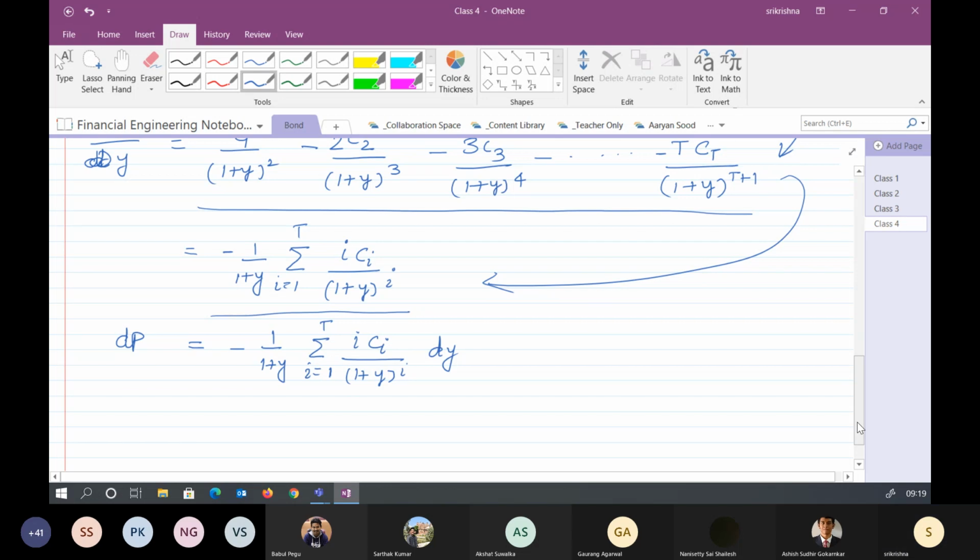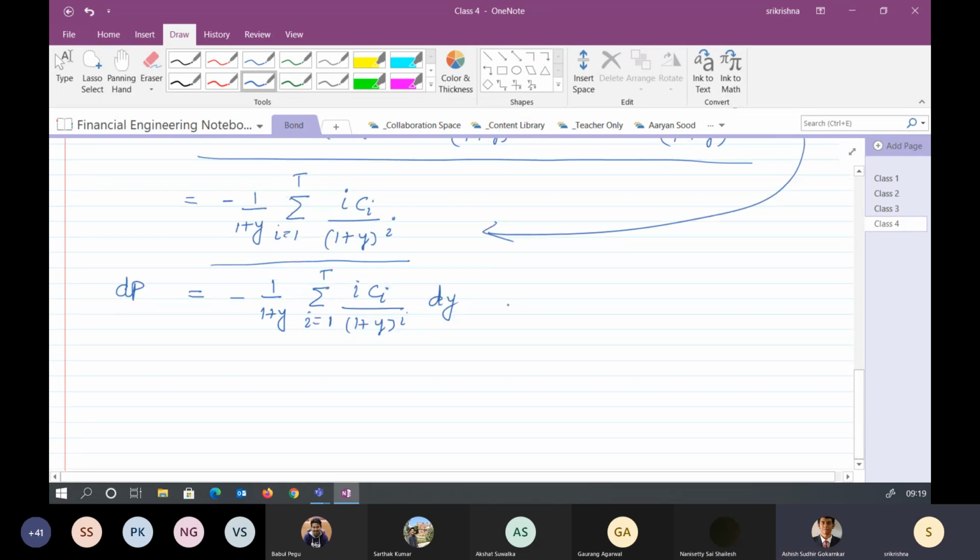Right. So now this is how we calculate the duration. I'll talk about why we are doing it. Now we divide by P, where P is the price. Correct.